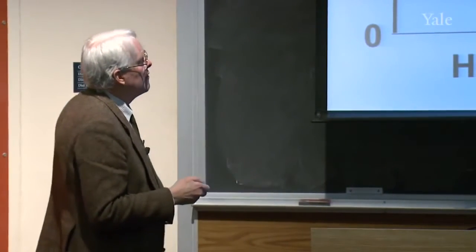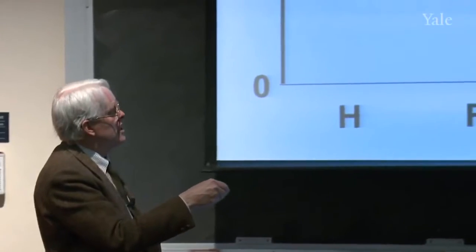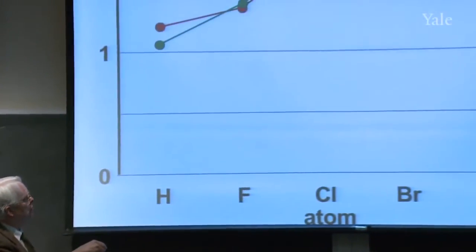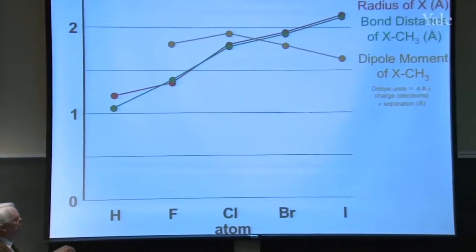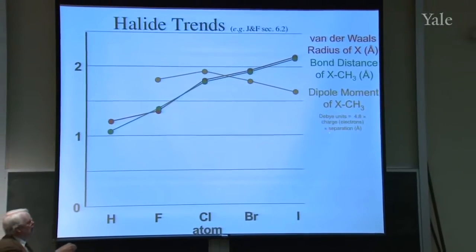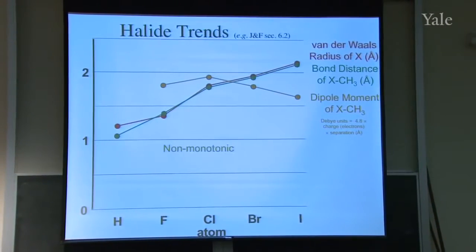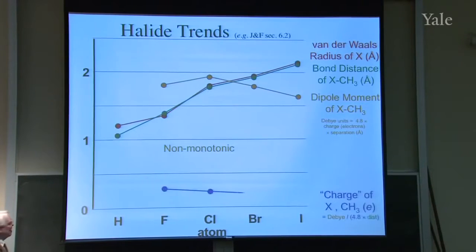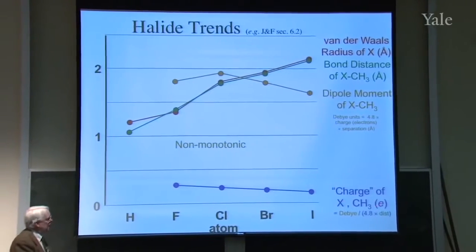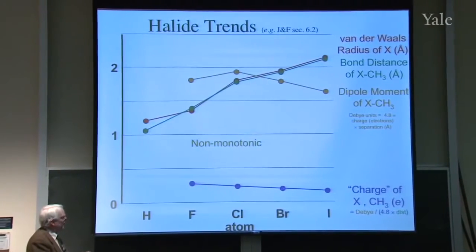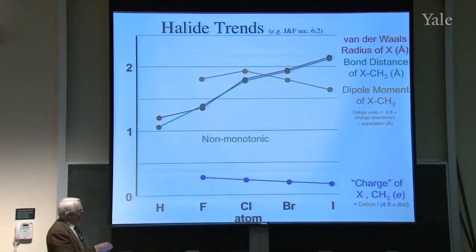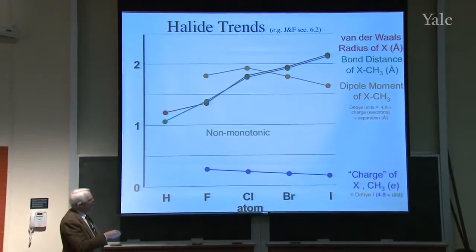So if we look here, this is incidentally measured in debye units, which is 4.8 times the charge times the separation. Now we know the separation, and we notice that it's not monotonic. And here's the charge, how many electrons have been transferred, right? And that's quite monotonic, right?